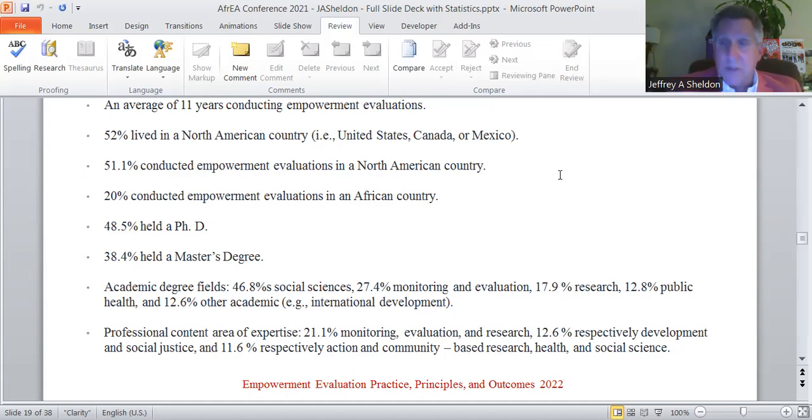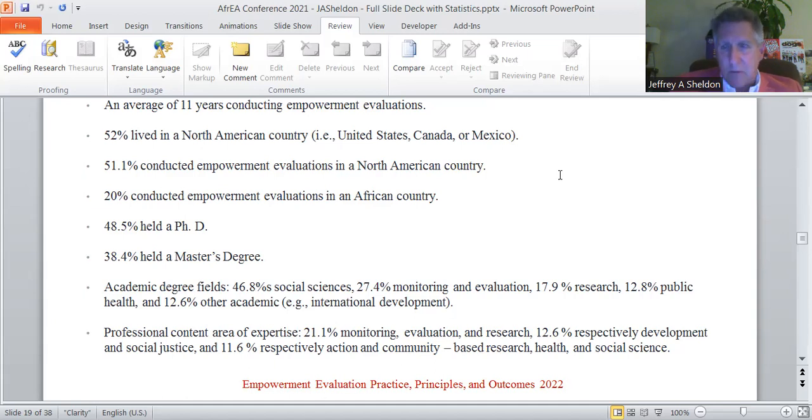So the largest percentage of respondents, not the majority, but the largest percentage, their field of endeavor is social sciences. Makes sense. And then professional areas of expertise: monitoring, evaluation, and research, not surprising, the largest percentage.